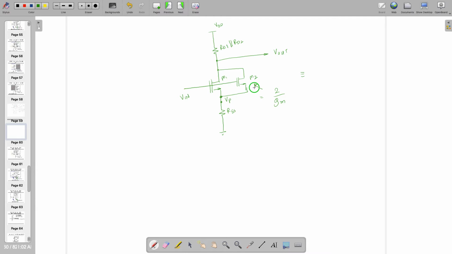And notably, when there are two channel length modulation resistances in shunt, they effectively make RO by 2. So gm becomes double, and this becomes RO by 2, right? So we already got it for these two transistors.